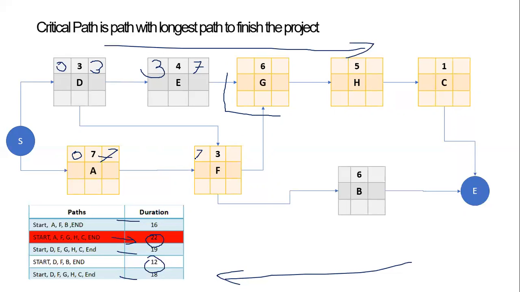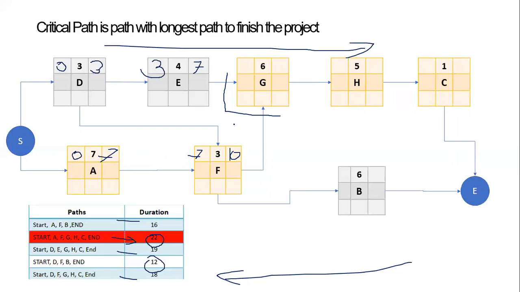So let's say 7, and then there is 7 plus 3, 10. Now for G, there are 2 inputs, right? One is F and one is E. F is not getting completed before the 10th day, and E is already completed on the 7th day, which is okay. But G cannot start until F is finished.